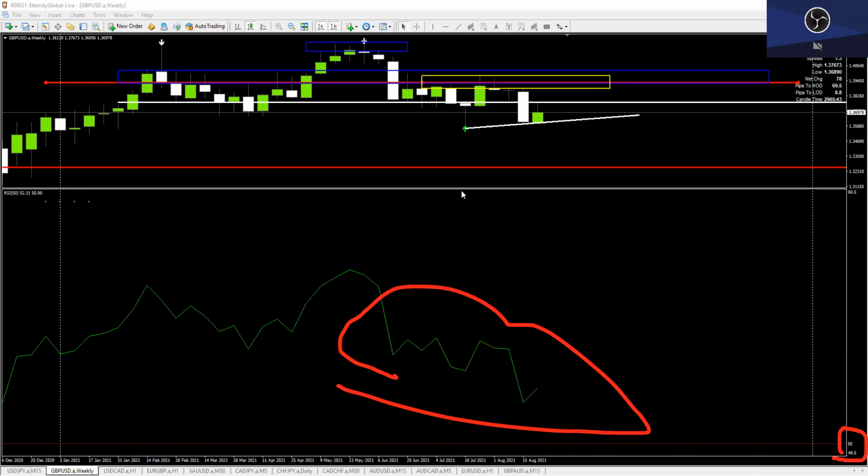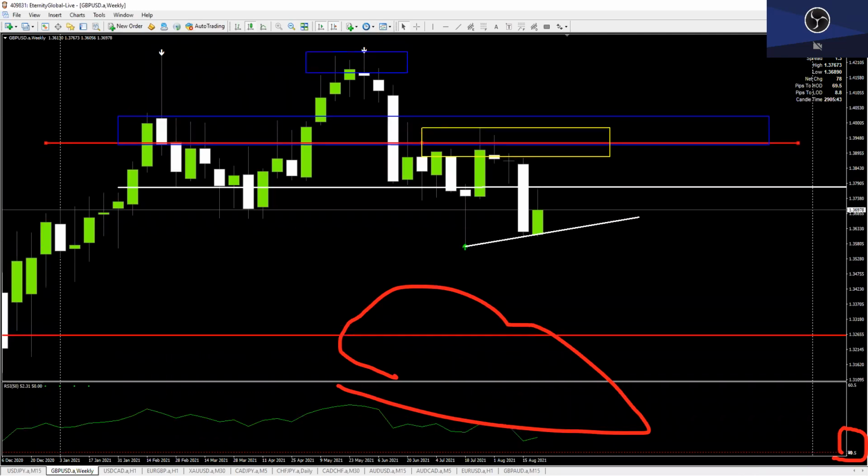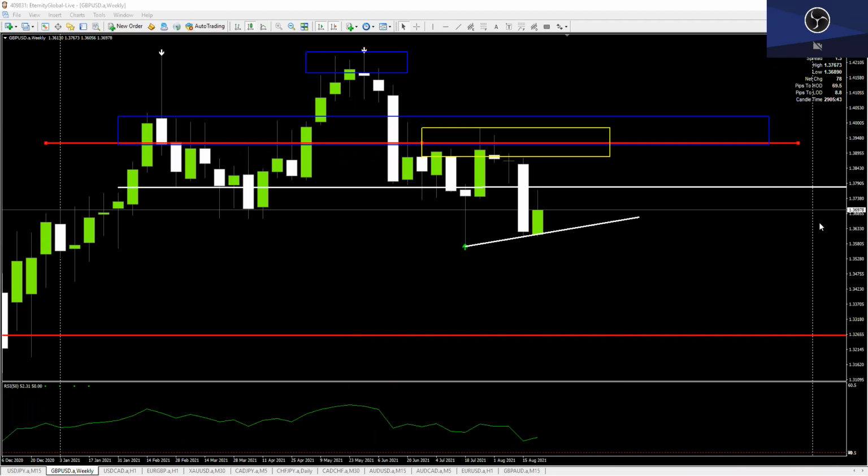So what we'll need to look for, since this is just one candle, is we need to look on a lower time frame.